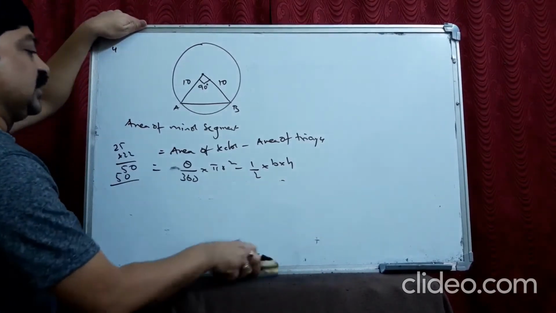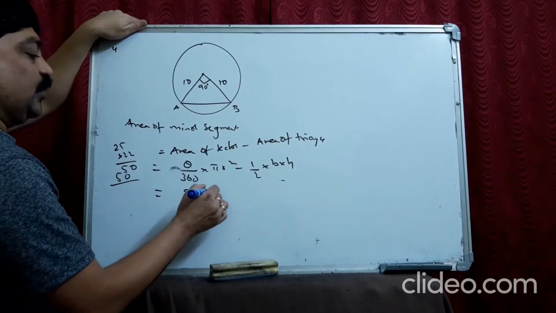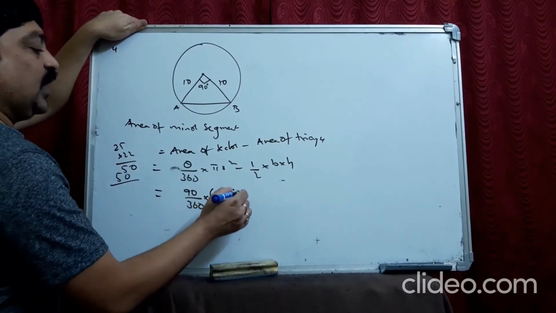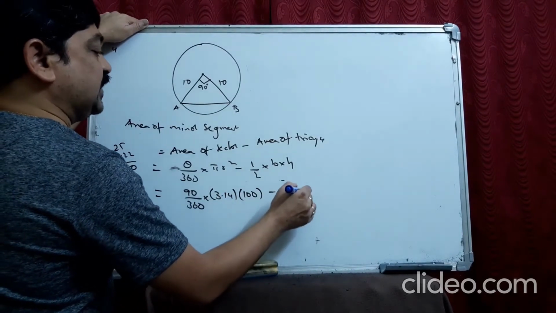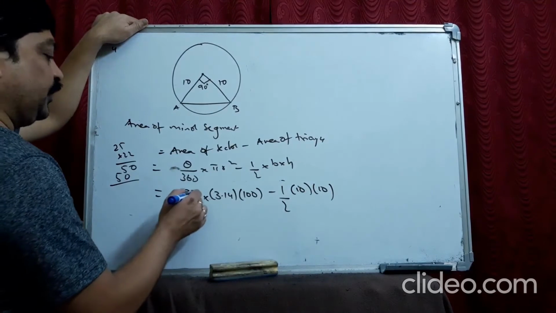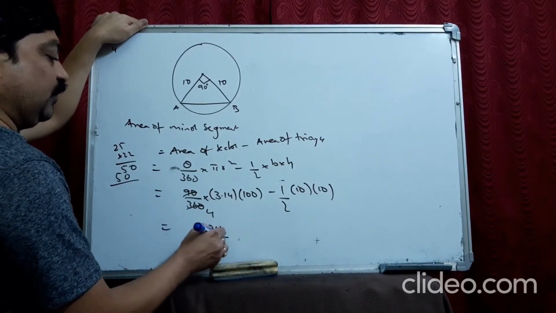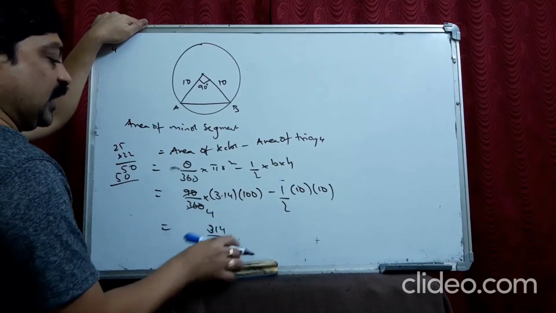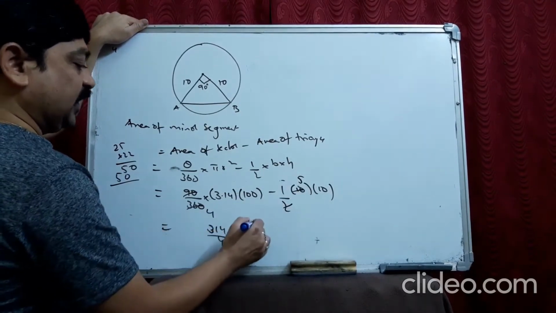That's better, I guess. So theta is 90 by 360 into pi 3.14, r square is 100, minus a half into base 10, height is also 10. Now it becomes 314 by 4, because it is 100 minus 2 5 10, it is 50.